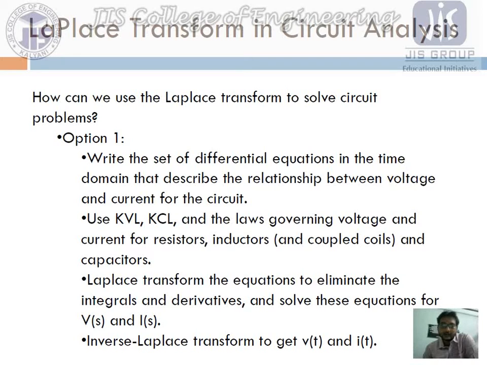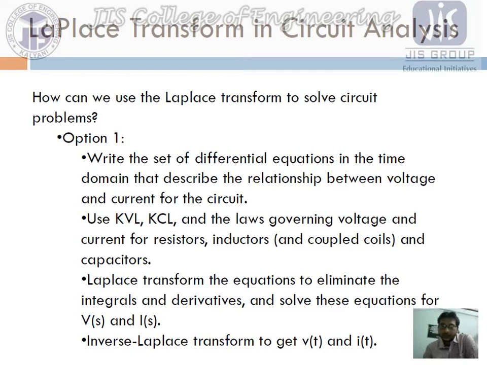So use the knowledge of KCL and KVL and the laws governing voltage and current for the resistor, inductor and capacitor, and then take the Laplace transformation of the equation to eliminate the integrals and derivatives, and solve for V(s) and I(s). It means the equation derived from the circuit contains some derivative or integration part, which is very difficult to solve directly, so we apply the Laplace transformation and solve it.